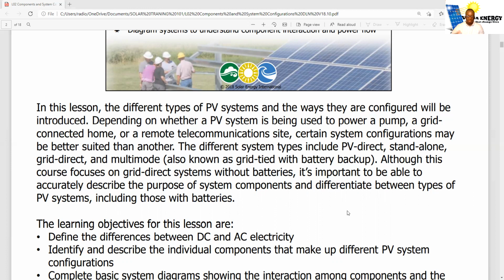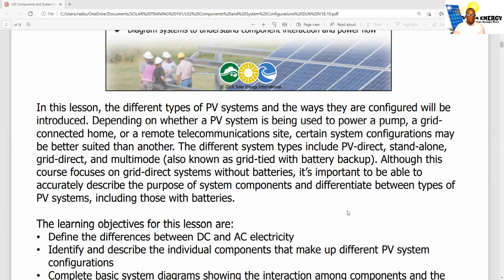And you have the electric grid, which is like LEC in Liberia or NEPA in Nigeria. The electric grid is on standby as the PV system is supplying electricity to your house. As the sun goes down, or on days where there is no sun, your home gets supplied by the electric grid.